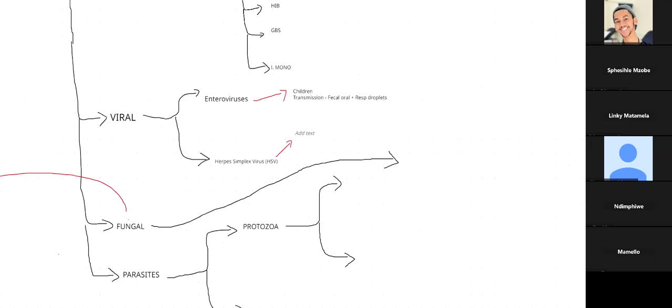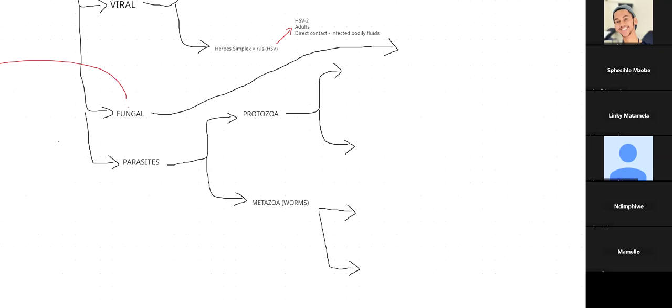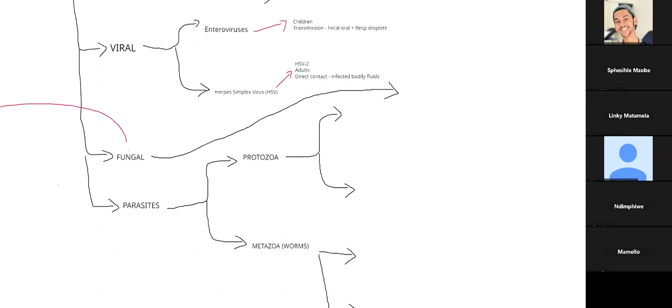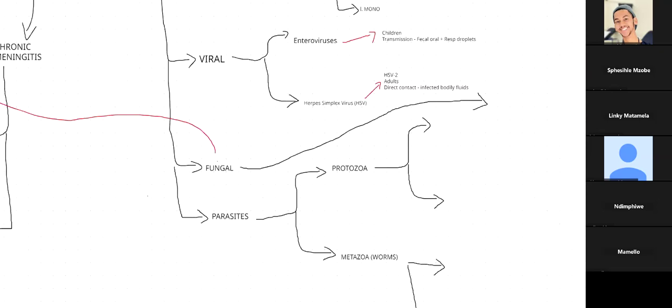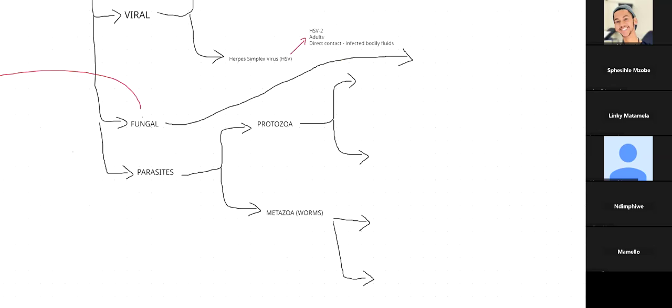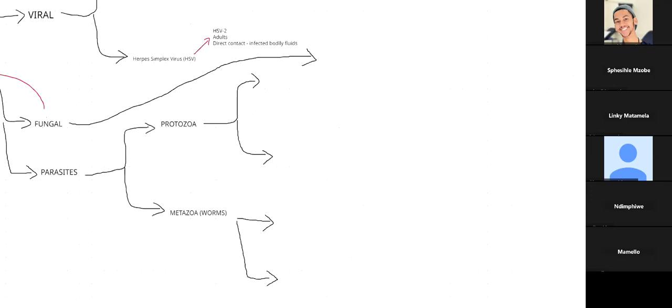Now moving on to fungal. I'm going to leave Cryptococcus neoformans for when you speak about chronic meningitis, so I'm going to skip fungal for now. Let me rather go with the parasites. The parasites have two umbrella terms: protozoa and metazoa.